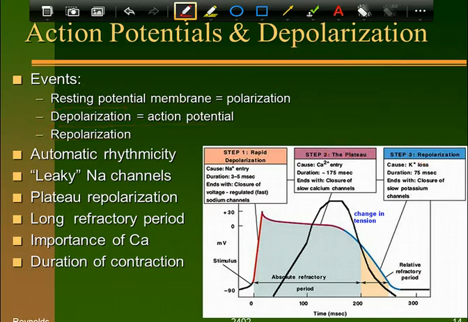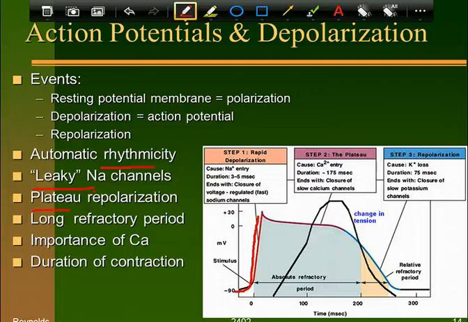All right. Another important thing about cardiac muscle is rhythmicity, much more than any other muscle. Another important thing, leaky sodium channels. They tend to open up easier than in other kinds of muscle. Look how precipitous this upswing is here on the graph. That's telling you that the sodium channels very easily allow sodium through.